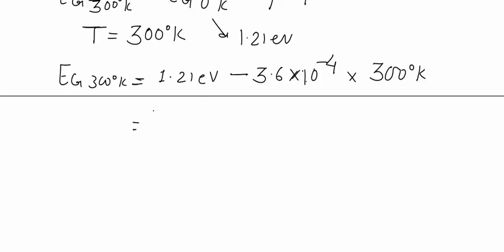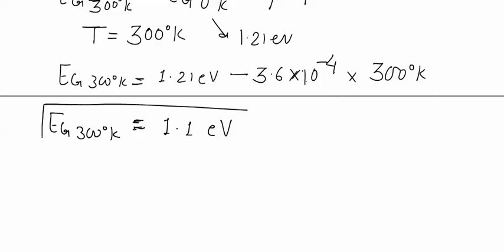After we calculate this equation, we get Eg around 1.1 electron volt, which we have seen already. This means Eg at 300 degrees Kelvin is nearly 1.1 electron volt for silicon material.